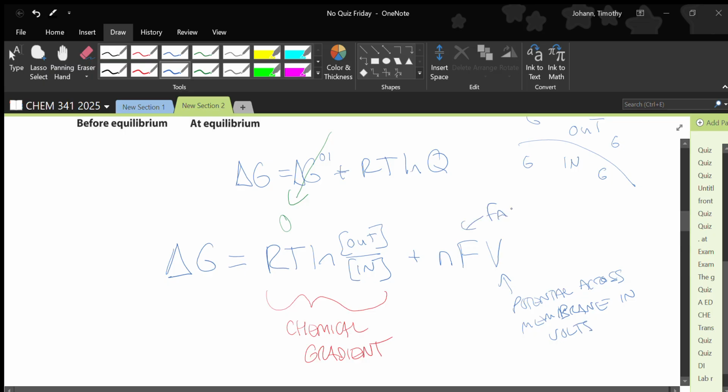Faraday's constant. And then this is the charge on the molecule in question. The one that you're thinking about, is it in or out?